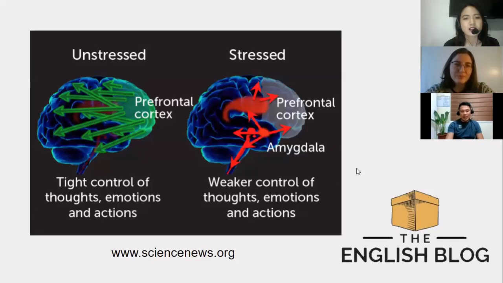When you're stressed, there's actually weaker control of thoughts, emotions, and actions. That's why you lose control a lot. And when you're unstressed, your prefrontal cortex looks green and fresh, and you have tight control of thoughts, emotions, and actions.